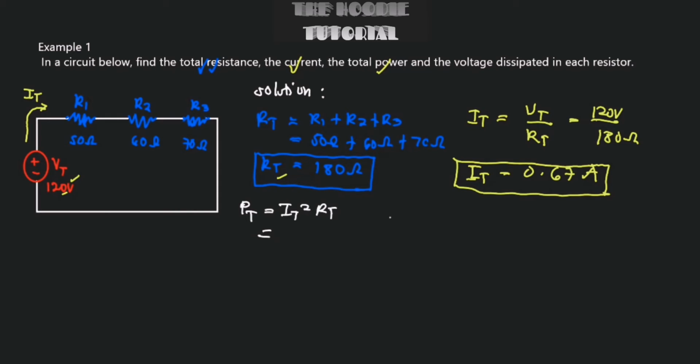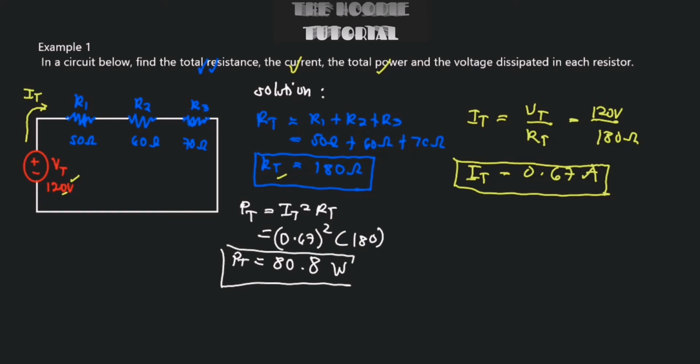So IT squared, 0.67 squared, times RT, which is 180. Putting that into a calculator, we would have a total power of the entire circuit of 80.8. The unit would be watts. This would be our PT.